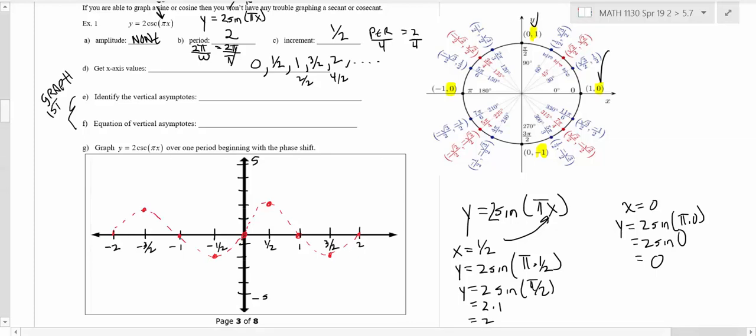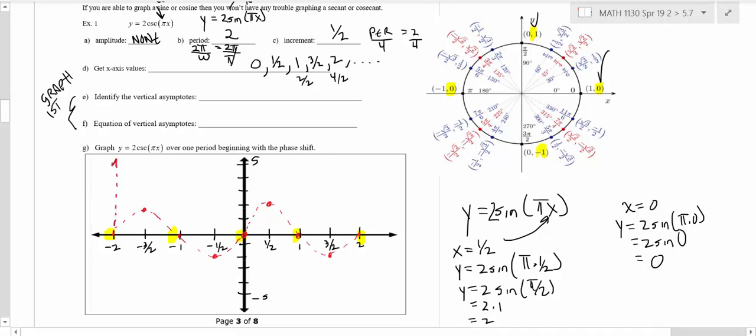So the asymptotes are always at the midpoints. And you don't want to think of it as x-intercepts because, you know, if we had a vertical translation, you don't think of it as x-intercepts. So the midpoint just means halfway between the minimum and max. So that's where your asymptotes are. So what you want to do is go ahead and put your asymptotes through these values.